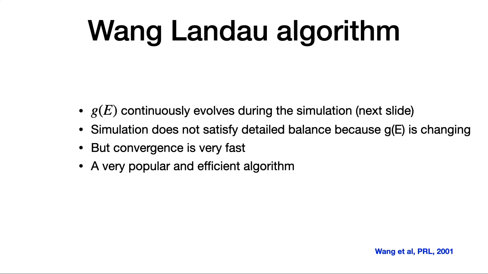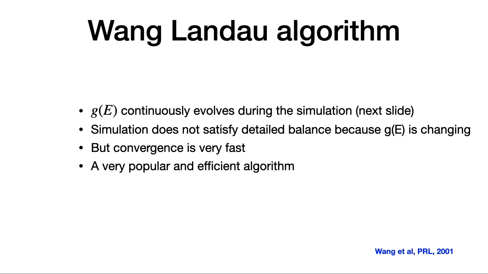So I will describe this algorithm also, the Wang-Landau algorithm. Even if you don't follow the thing, the important thing is you can remember the name Wang-Landau algorithm. It is quite a powerful algorithm. In the previous one, your density of states now continuously evolves during the simulation.